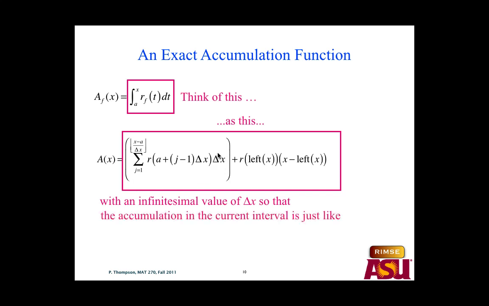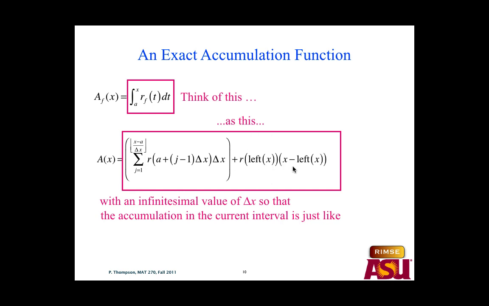When delta x is infinitesimally small, you can maybe imagine this delta x versus x minus left of x. They can't really be different in size, because how can I be part of the way through an interval that's infinitesimally small? If you make it small enough, whenever you've moved, you're into the next interval, if you want to imagine that. So this current term kind of drops out of being necessary to have.